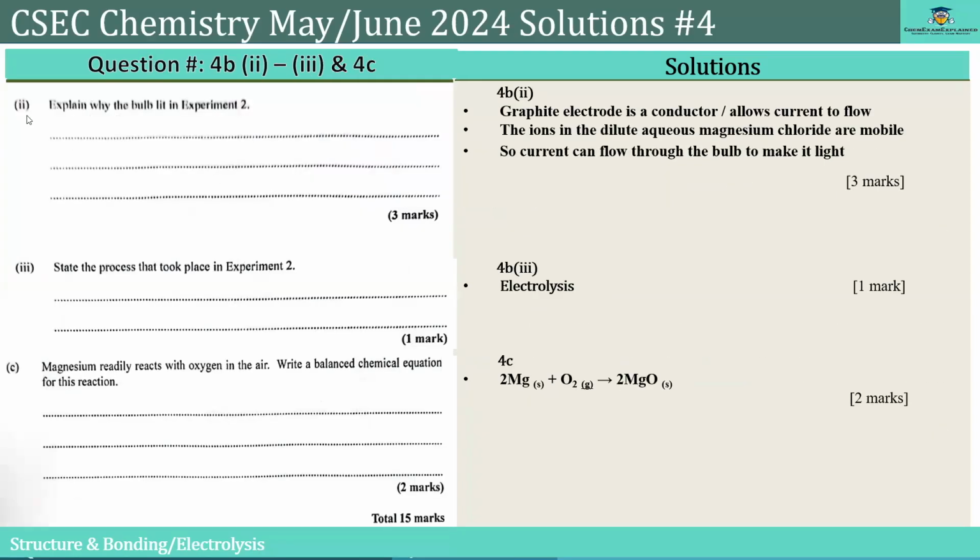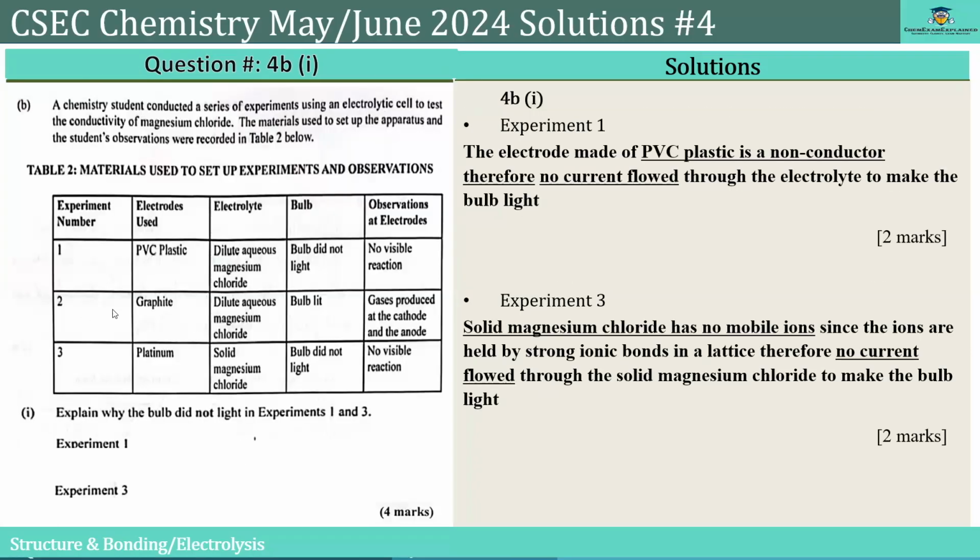4B, Part 2. Explain why the bulb lit in experiment 2. Let's go back and look at experiment 2. We see that we have graphite as the electrode, so it's a good conductor, and we have dilute aqueous magnesium chloride. We have a good electrolyte. So we have electrolysis taking place here.